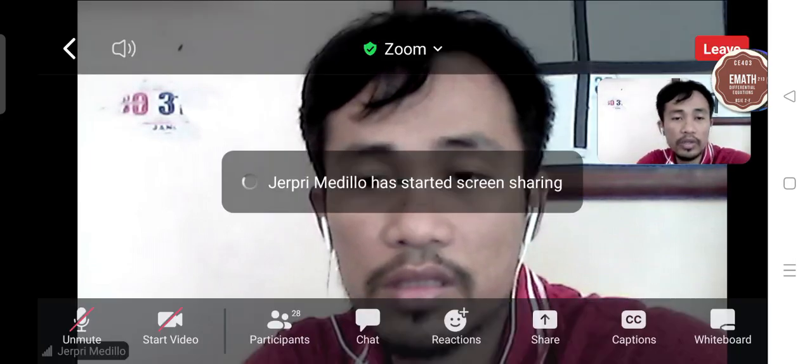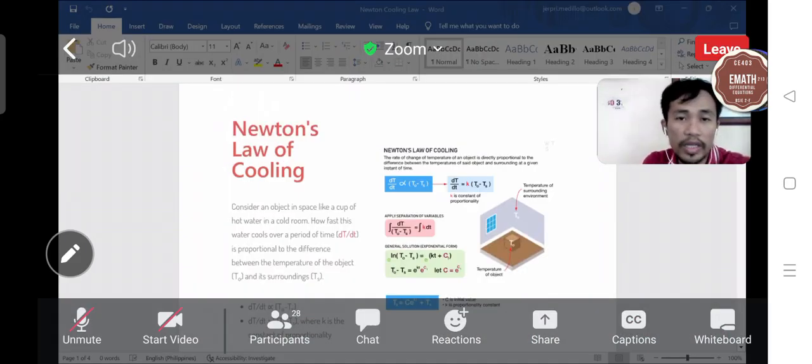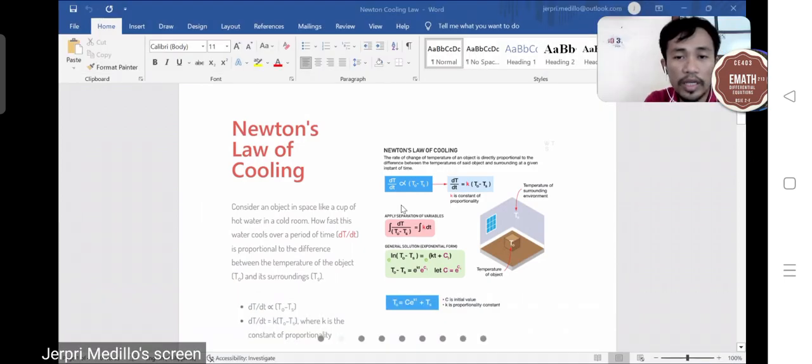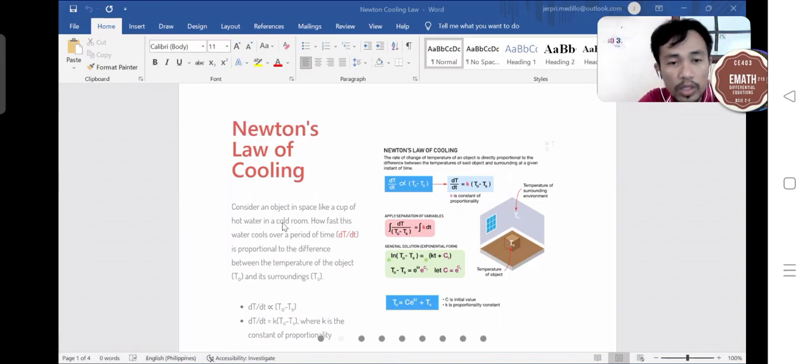So here in Newton's law of cooling, it's considered as an object in space, like a cup of hot water in a cold room. How fast the water cools over a period of time is a proportion to the difference between the temperature of the object and its surroundings.